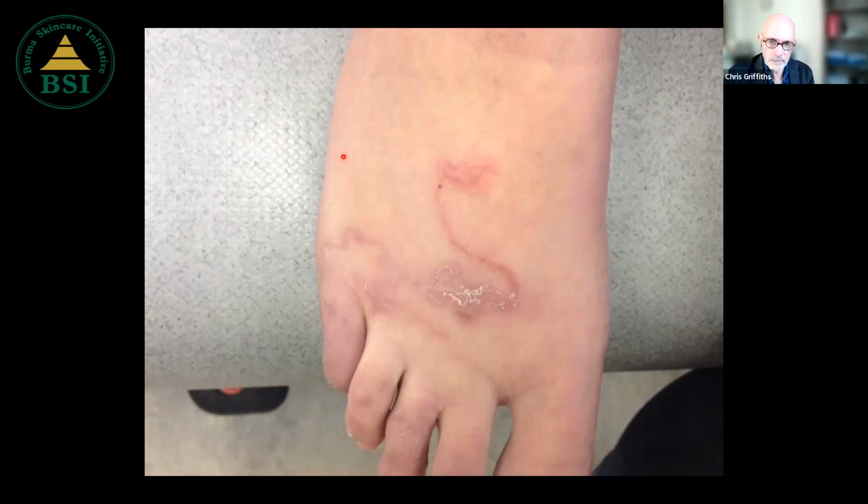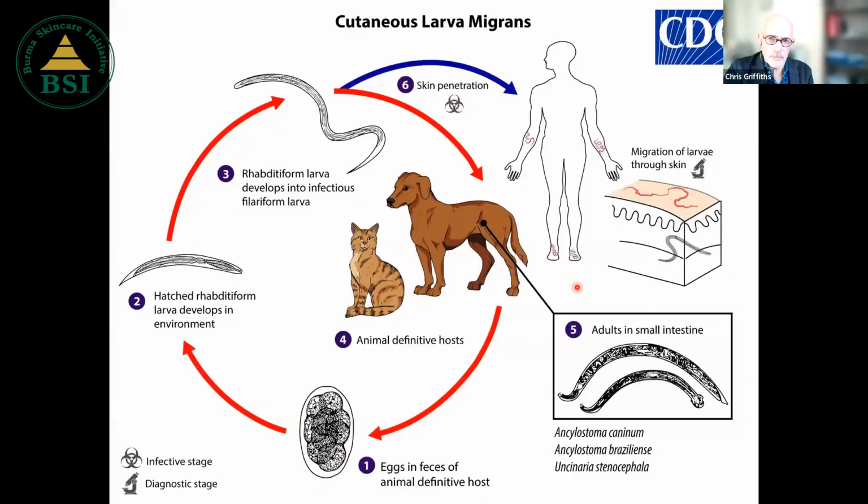If I can get this to advance, it seemed to give me a hard time. This is today. I've got a nice little picture for you from the Center for Disease Control. These are hookworms, Ancylostoma caninum or brasiliense, which you find in dogs and cats.